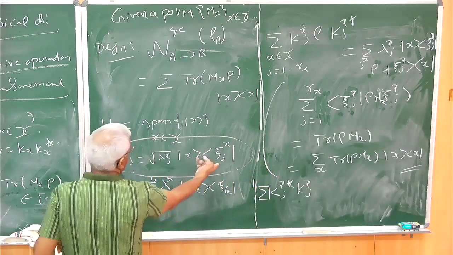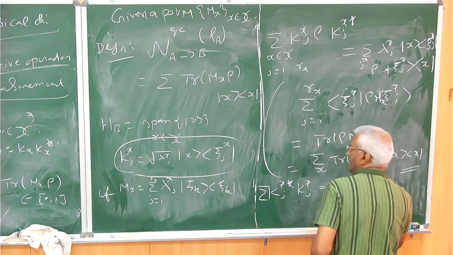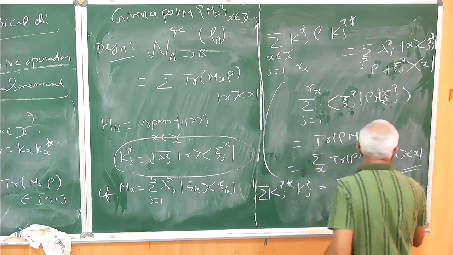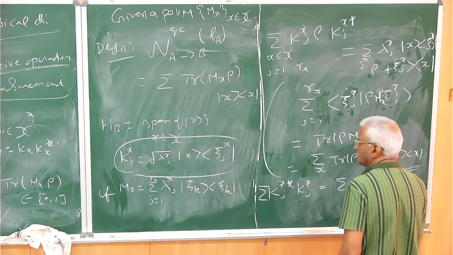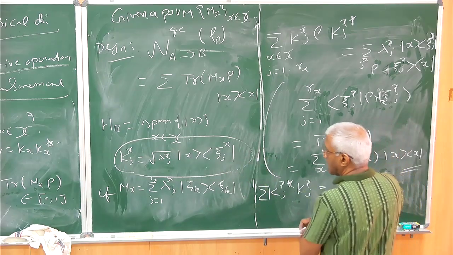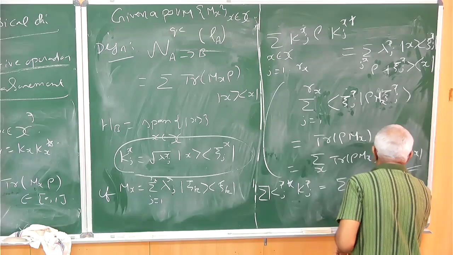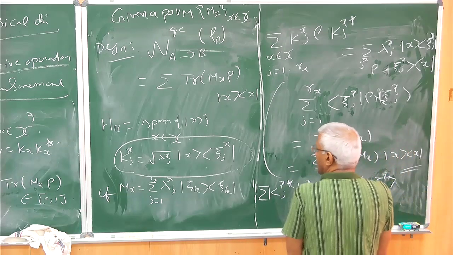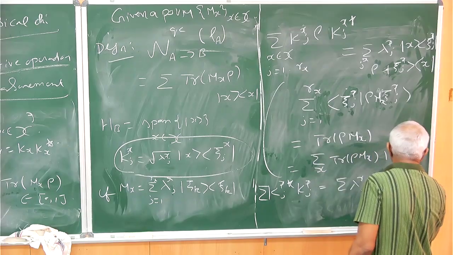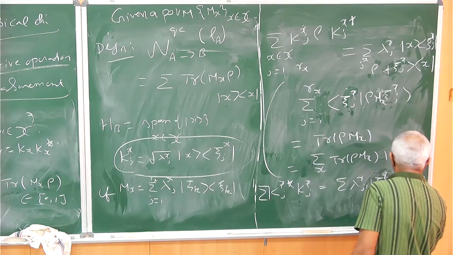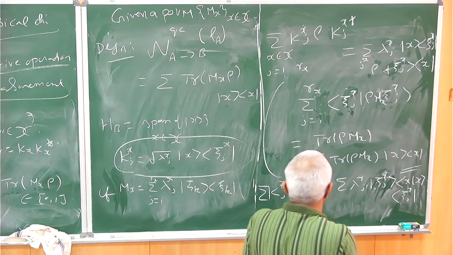So this is just going to be the summation of lambda_xj, then |x_j><x|, and then |x><x_j|. Then |x><x| is 1.